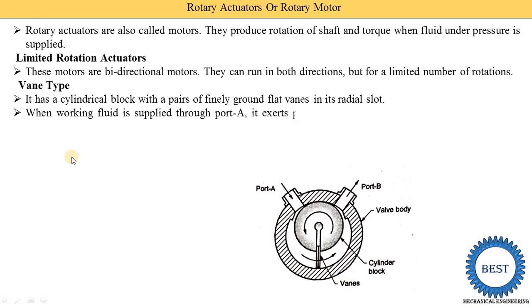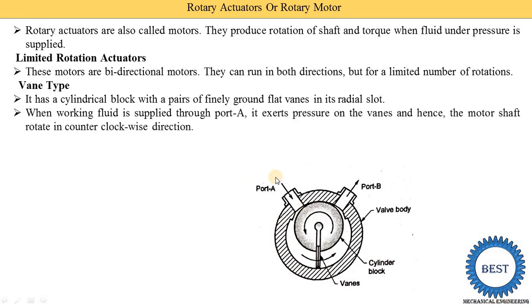When working fluid is supplied through port A, it exerts pressure on the vane, whether it is hydraulic oil, or in a pneumatic system compressed air applying pressure on the vane, and hence the motor shaft rotates in a counterclockwise direction.